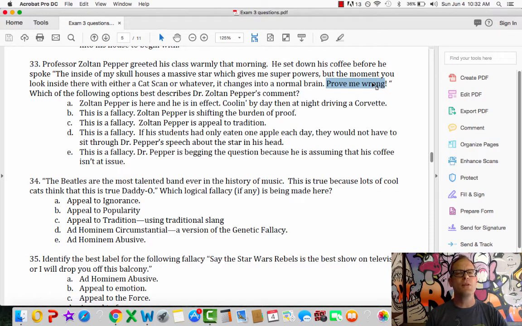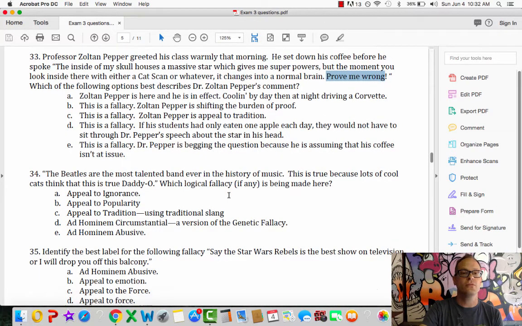Well, is it your job to prove me wrong? No, right? It would be my job, if I'm making the claim, to establish that there's a star inside my skull. It wouldn't be your job to try and defeat that view. So keep that in mind. The person making the claim carries the burden of evidence. So in this case, he's shifting the burden of proof.